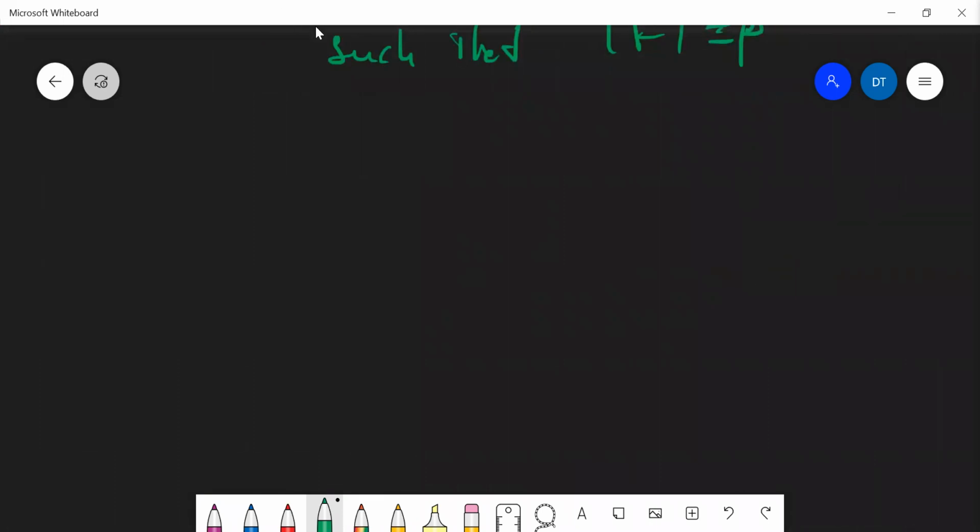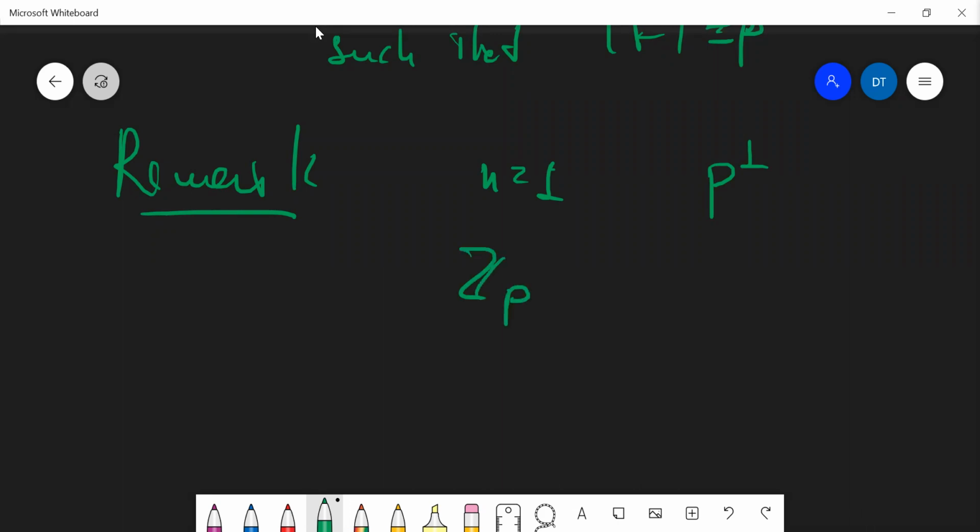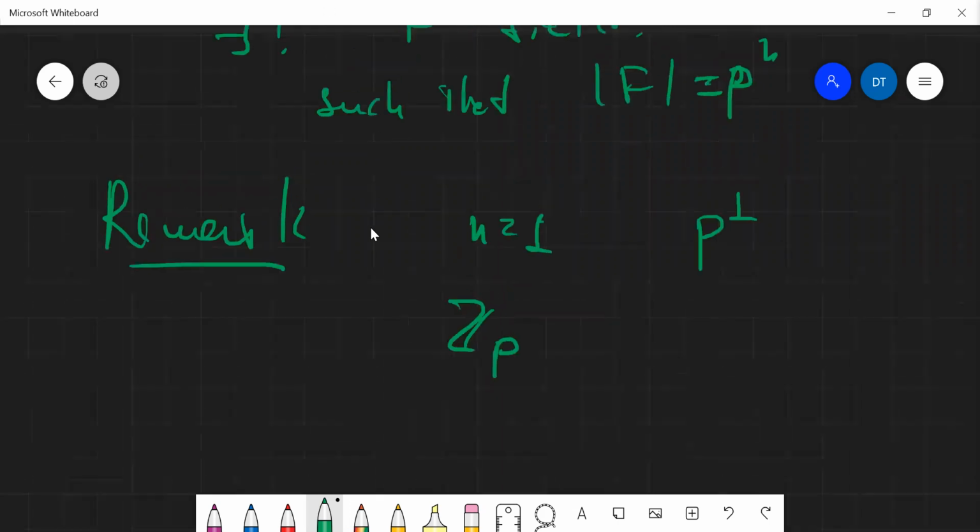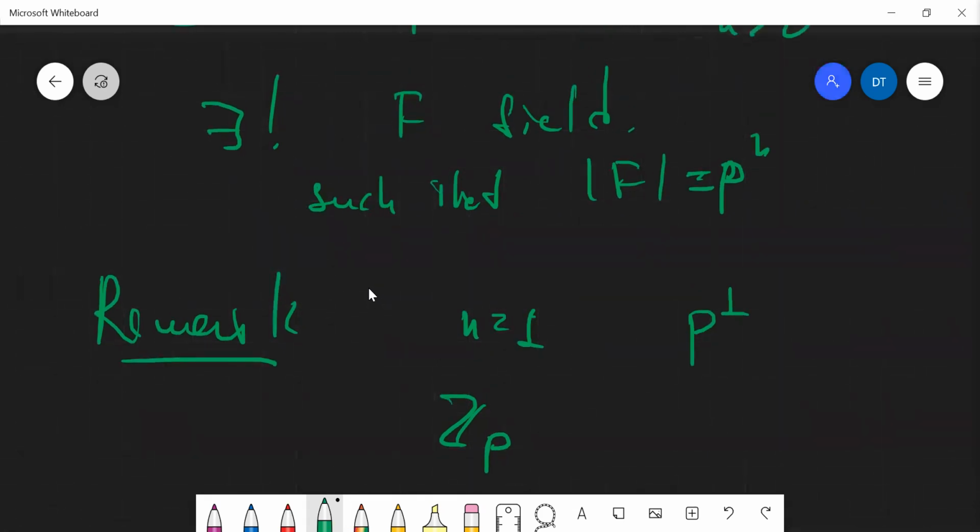First of all, a remark. Remark number one: if n is equal to 1, which is p to the 1 amount of elements, in this case, we have Z_p. By the way, I forgot to mention the notation. Since we have only one specific field for this amount of elements, we will denote this field as F_{p^n}.